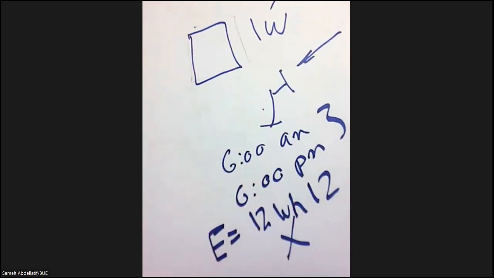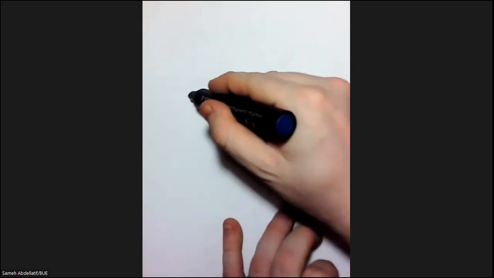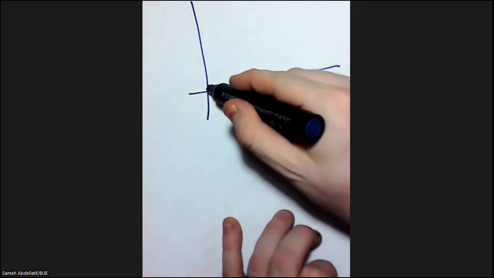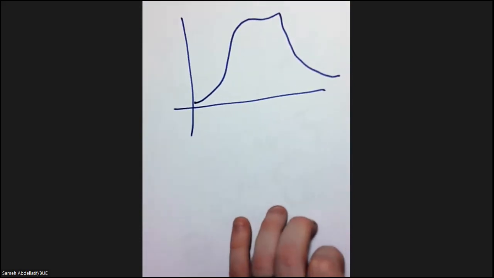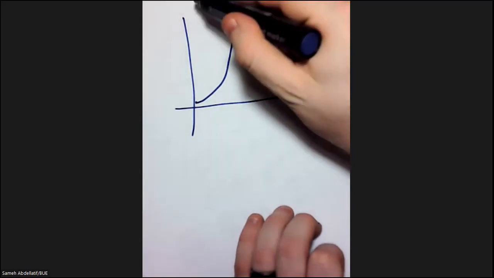But what will actually happen is that whatever country you are in, the solar irradiance of the sun will take some shape like that. This is time, and this is the irradiance.